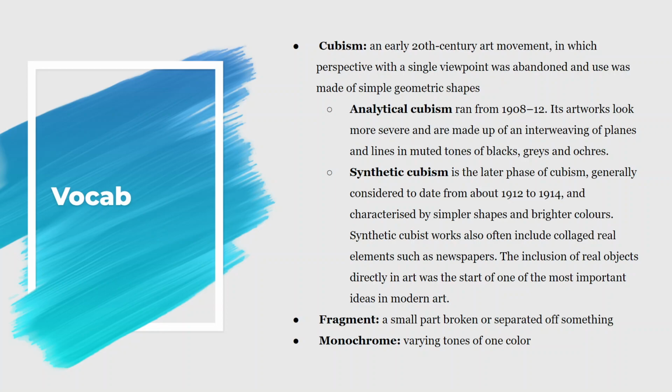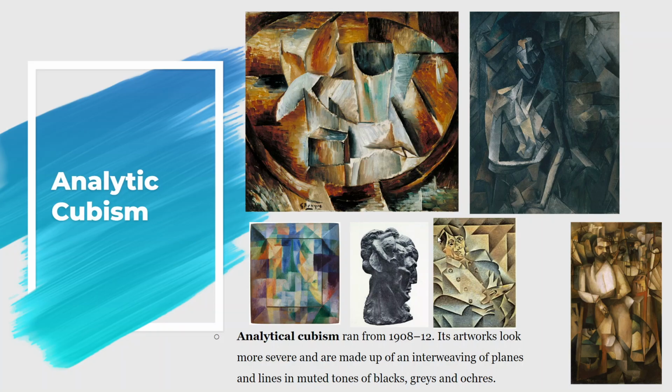Sometimes they're doing collage. Before collage becomes a thing, synthetic Cubism is that path towards collage. They really look at taking ideas and objects and fragmenting them. So this is what analytic Cubism is. It's not always neutrals, but it is more liney and I think of it as kind of intense and dreary.